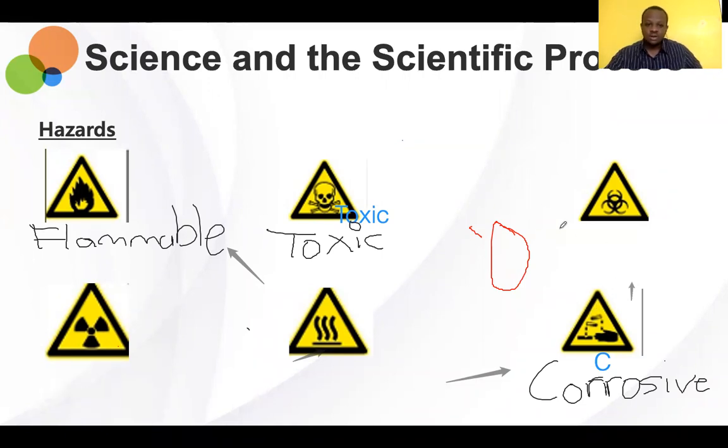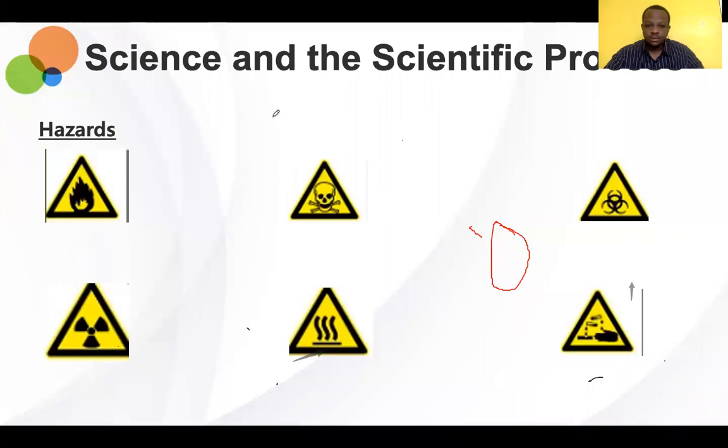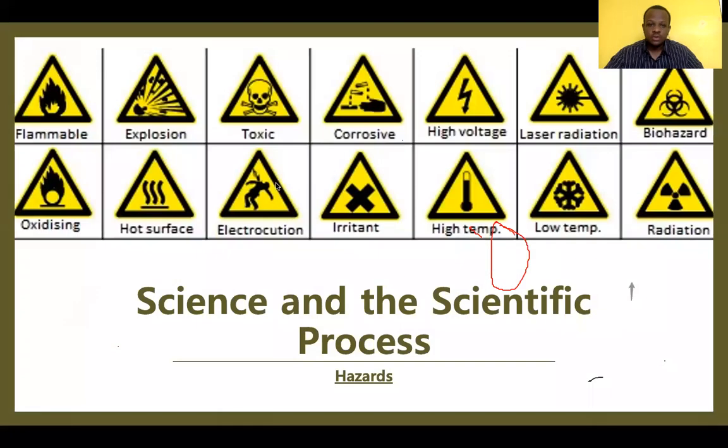So we're moving on to the next page now. All right, so you can remove the annotations now. We're going on to the next page. So we have them here now, right? We spoke about flammable, right?